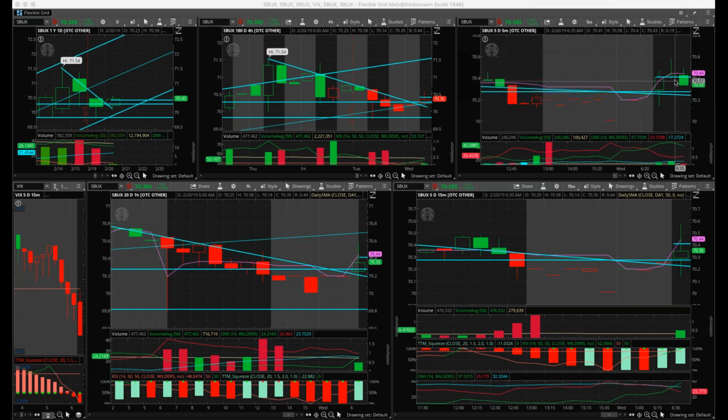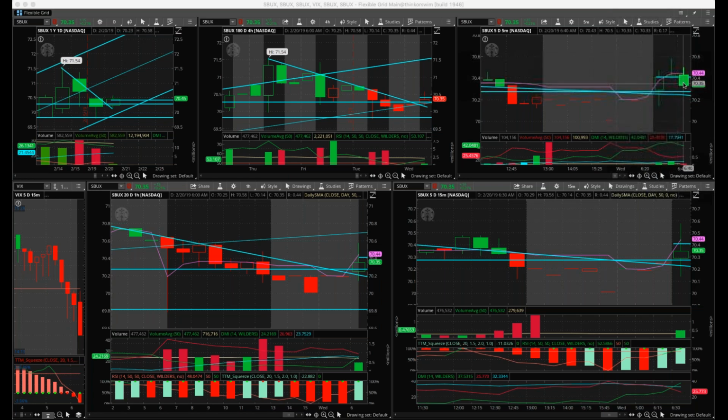So if I was in position, so I was waiting for this one to close above, and it had some major rejection right here at this 70.58, major rejection. So don't enter.